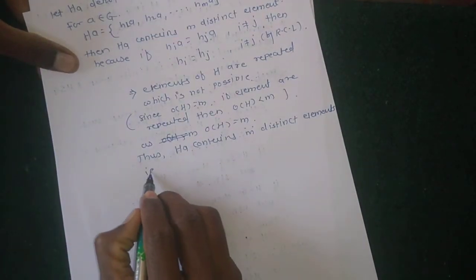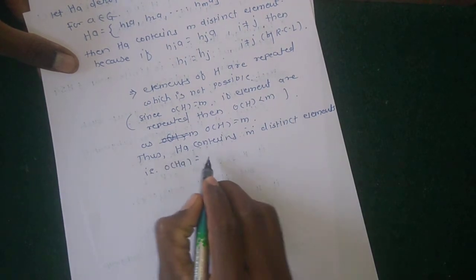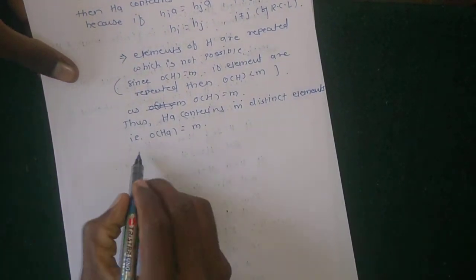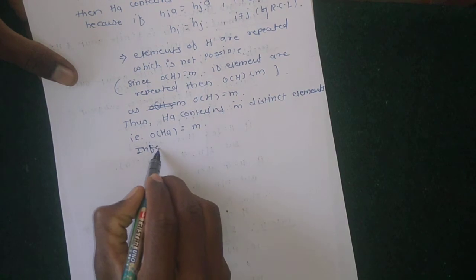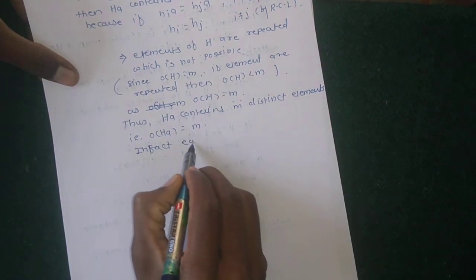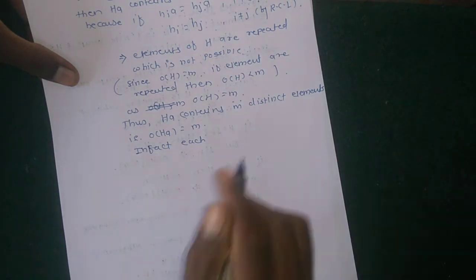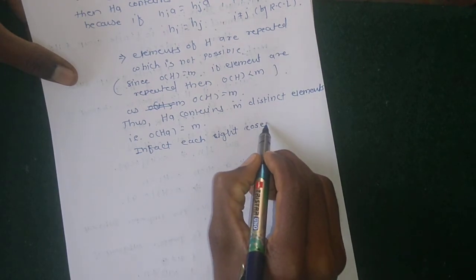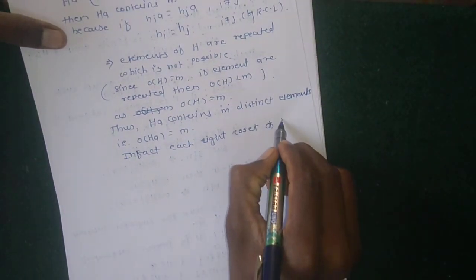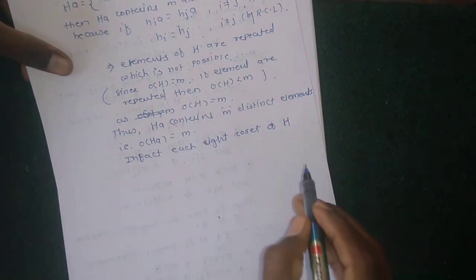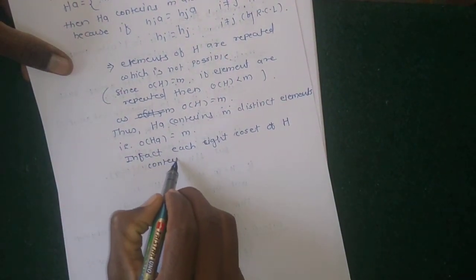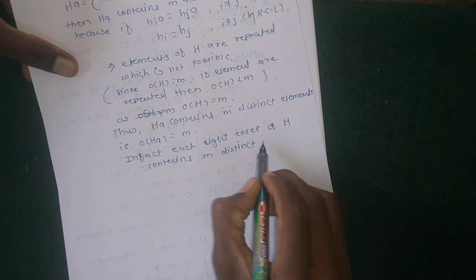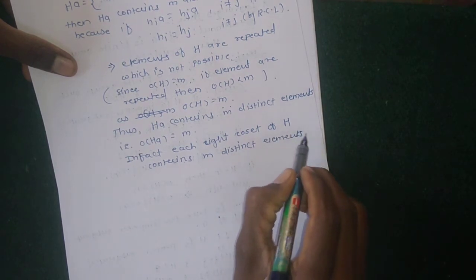That is, the order of Ha is also equal to m. In fact, each right coset of H contains m distinct elements.